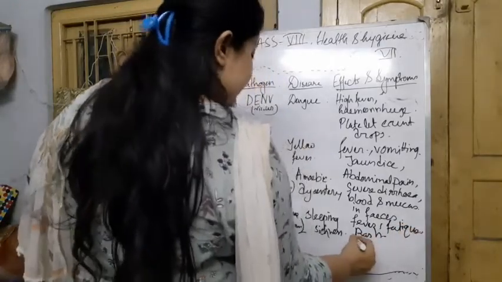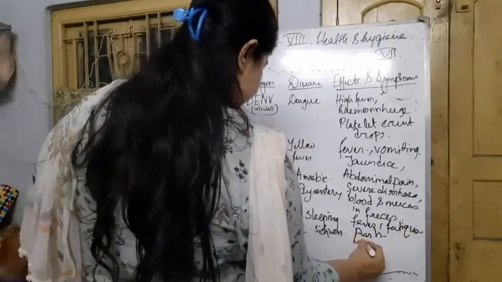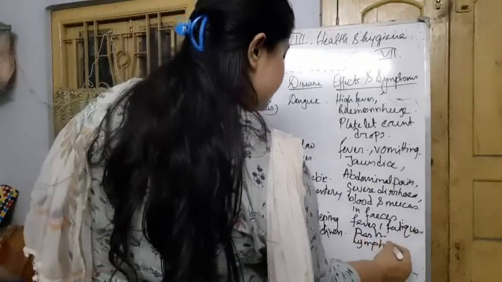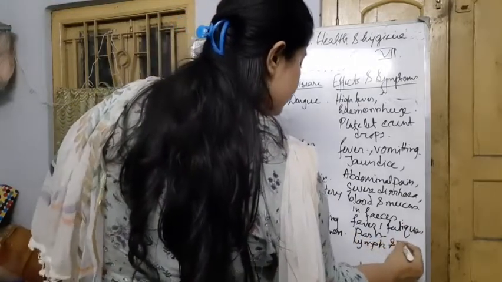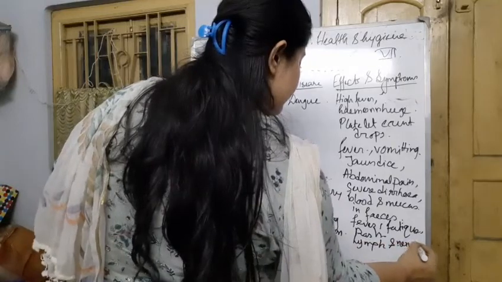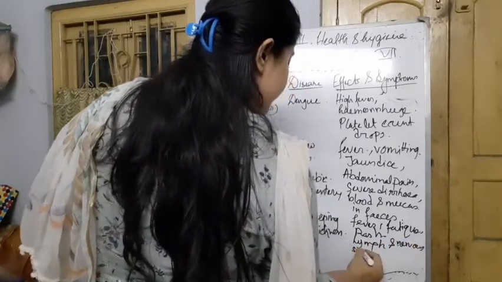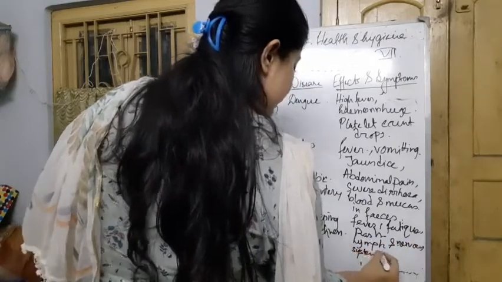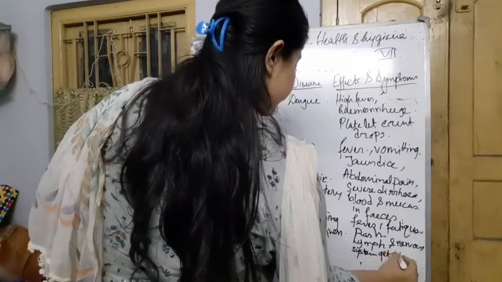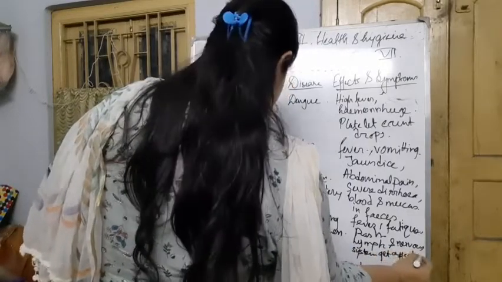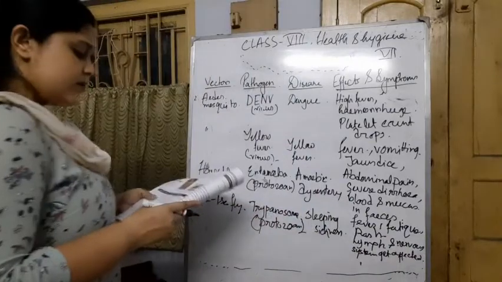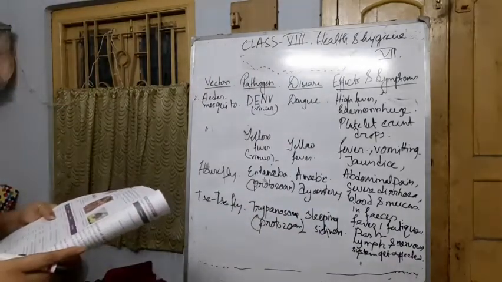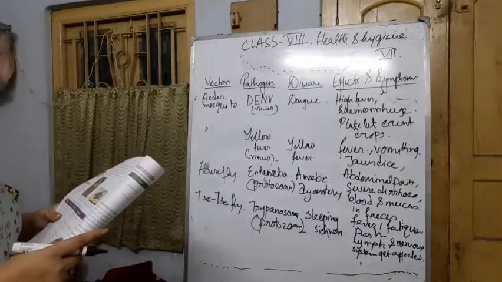Next, the lymph and nervous system get affected. Next, one more common thing is mental deterioration.